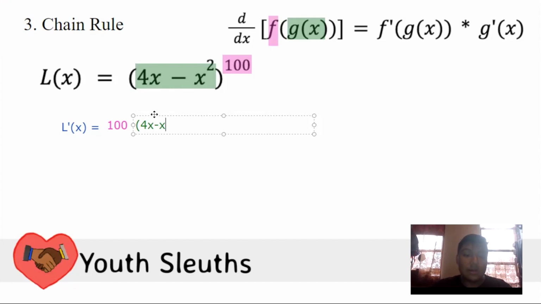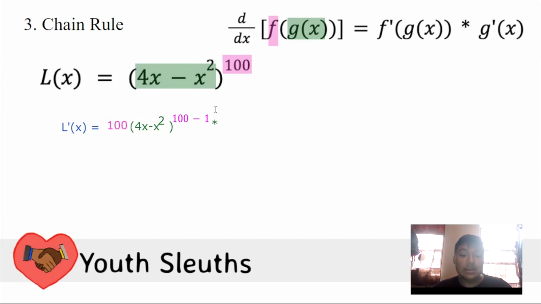So we have 4x minus x squared, and then we have that to the power of 100 minus 1. Now, the last step would be to multiply g prime of x, and that would be 4 minus 2x.